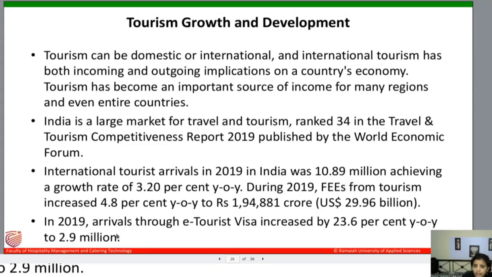The earning in the tourism sector grew 4.8% year on year to rupees 1,94,881 crore, which is really commendable, a huge amount for any economy. And in 2019, arrivals through e-tourist visa increased by 23.6%. So with the ETA facility, electronic travel authorization, there is a big increase of travel in India.